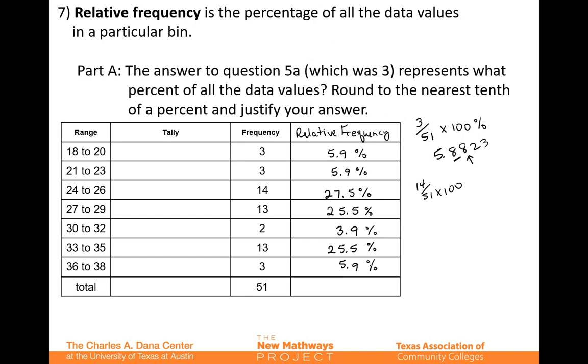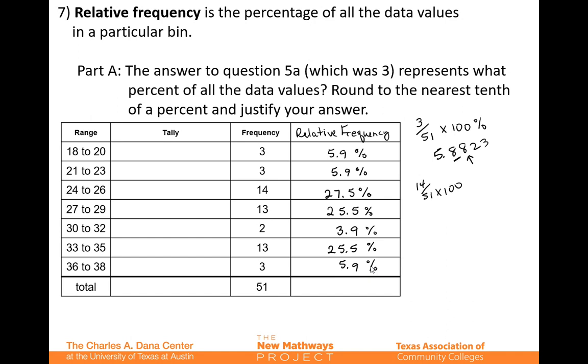Now, ideally, these should add up to be exactly 100. Once in a while, you may get 99.9 or 100.1 or 99.7 or 100.2 because of the rounding we have to do. We could be off by a tenth or so, but not too much.